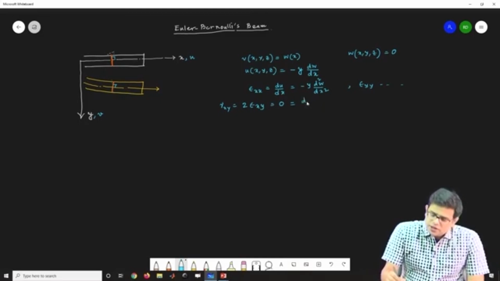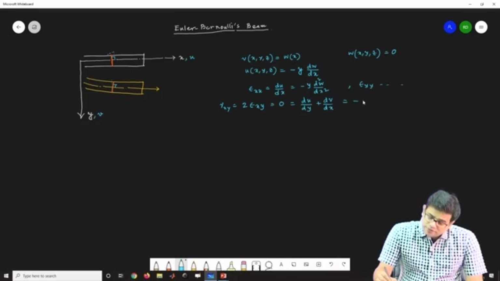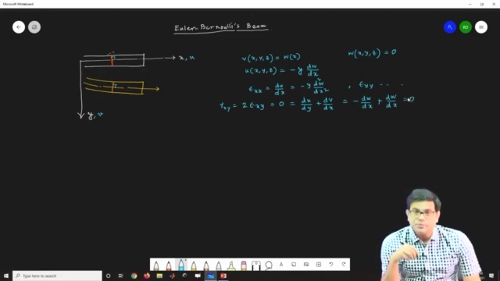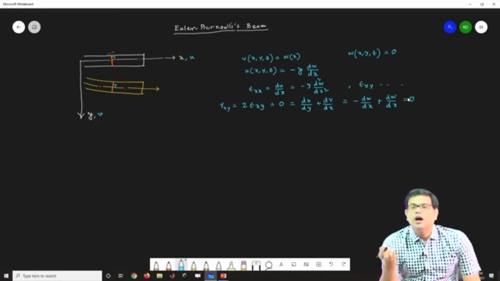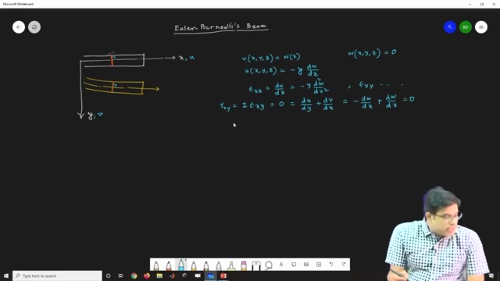This is minus dw/dx plus dv/dx, which is dw/dx, so this becomes 0. So you see that there is no shear strain in this beam. The interesting question is how shear stress, or rather shear force, is generated. That is an interesting question that you may look into.